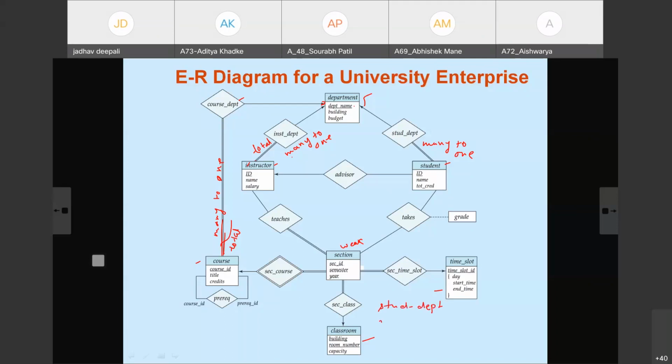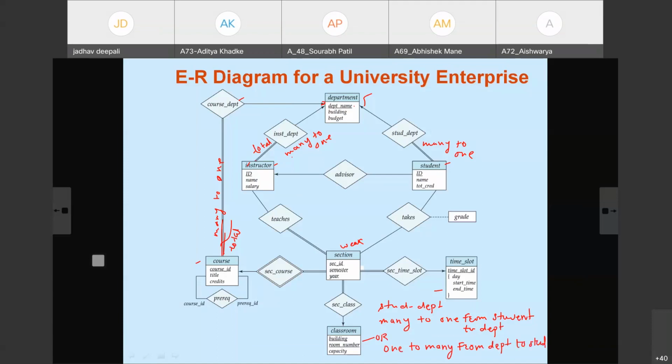It is many to one from student to department, or one to many from department to student.